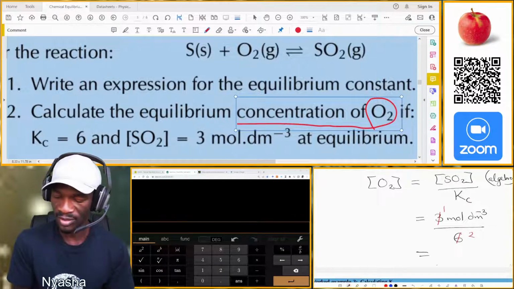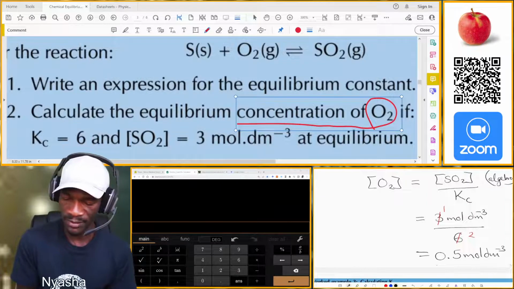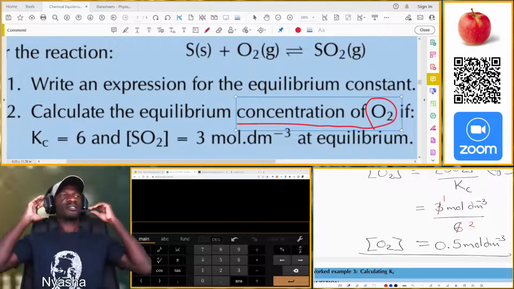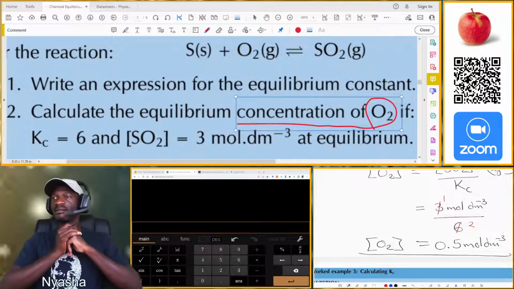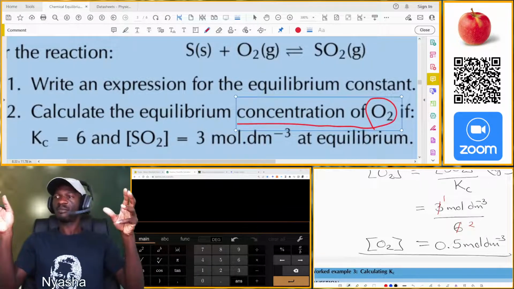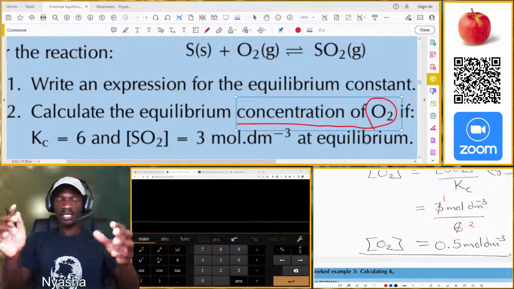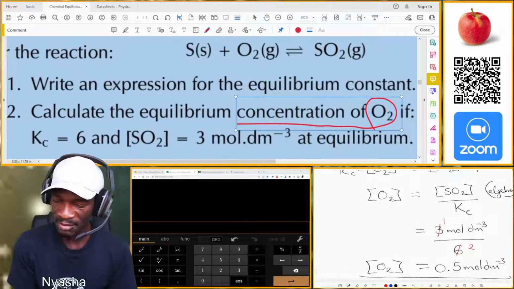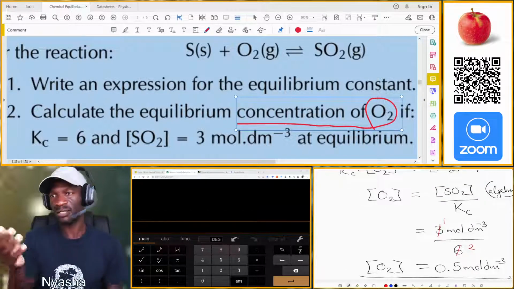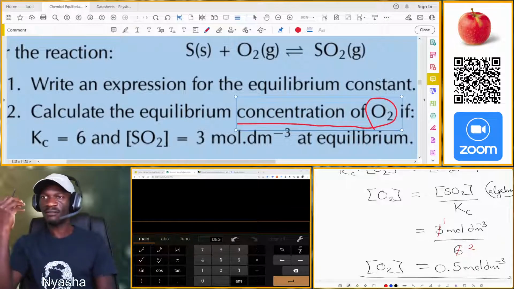So this is going to give you 0.5 mole per dm cubed as the concentration of oxygen. Does that make sense? So at equilibrium, the concentration of oxygen is simply found by this calculation, where you're basing it on the given concentration of the sulfur dioxide.